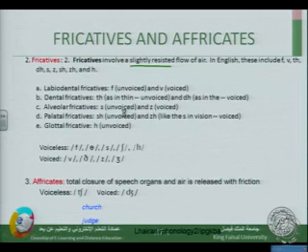Slightly means a little; there is resistance to the airflow. In English, these fricatives include Z, Sh, J, and H.